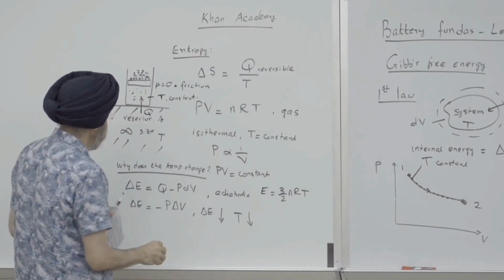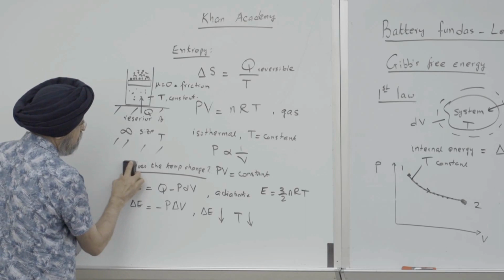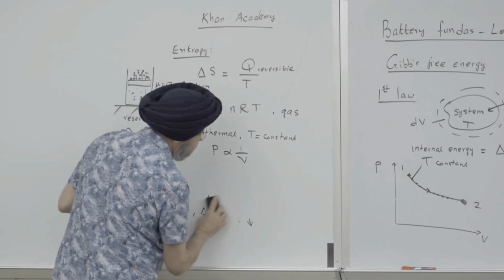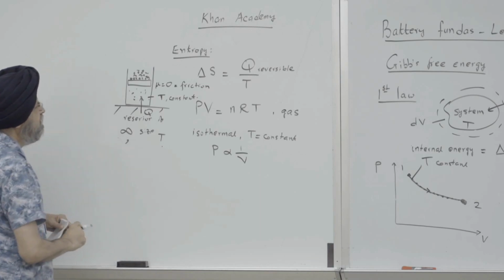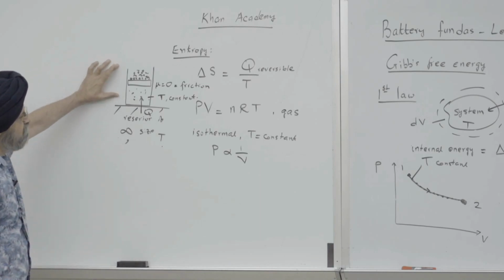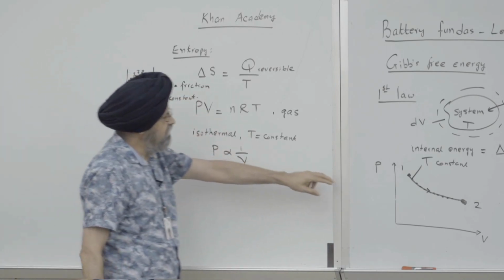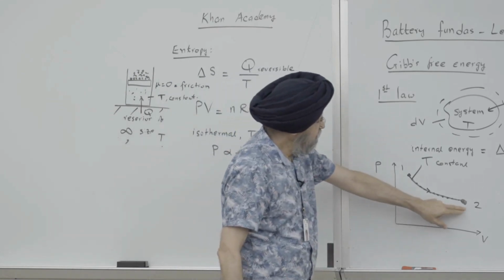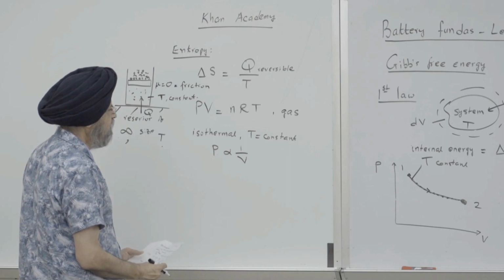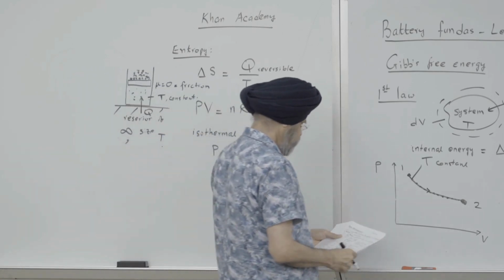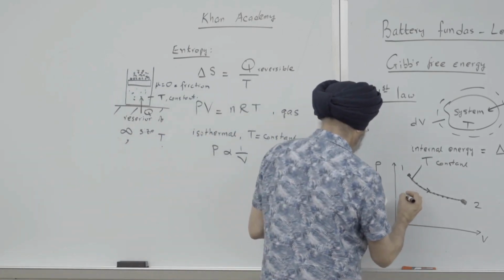Okay, so where was I over here? Let me just remove this extraneous stuff. So what we have is a reversible process where we start at position 1, we go to position 2 very, very slowly. And so the question is, how much work is done?